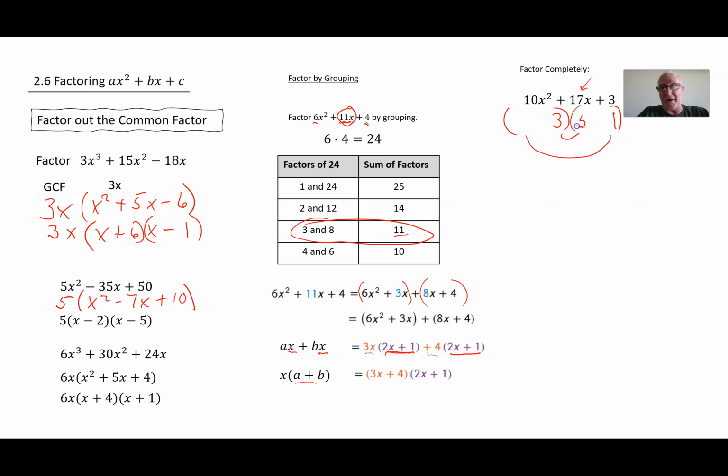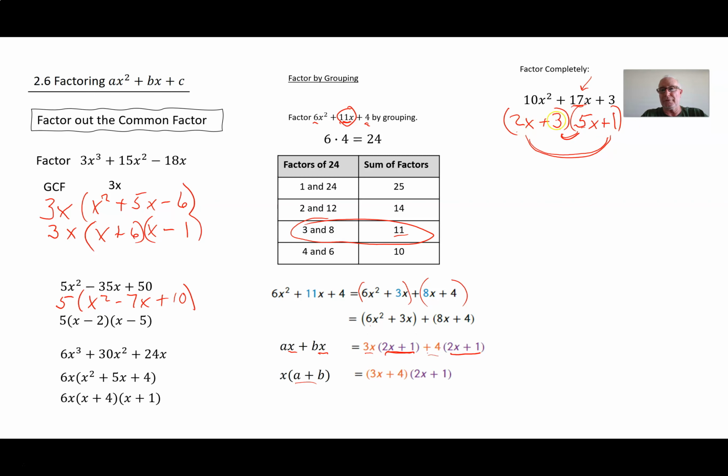So if I put a 5 here, 3 times 5 is 15, and a 2 here, 2 times 1 is 2. So 15 and 2 is 17. So inside and outside are giving me that middle term. So 2x plus 3, 5x plus 1 gives me that polynomial.